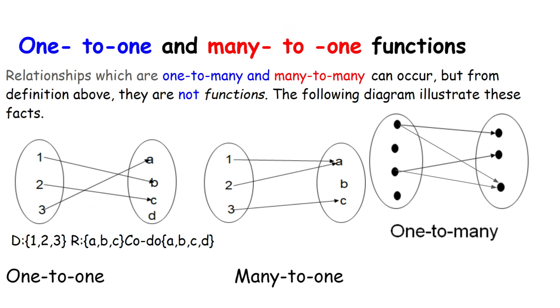One-to-one and many-to-one are functions. Relationships which are one-to-many and many-to-many can occur, but from the definition above, they are not functions. The following diagram illustrates these facts: one-to-one, many-to-one, and one-to-many.